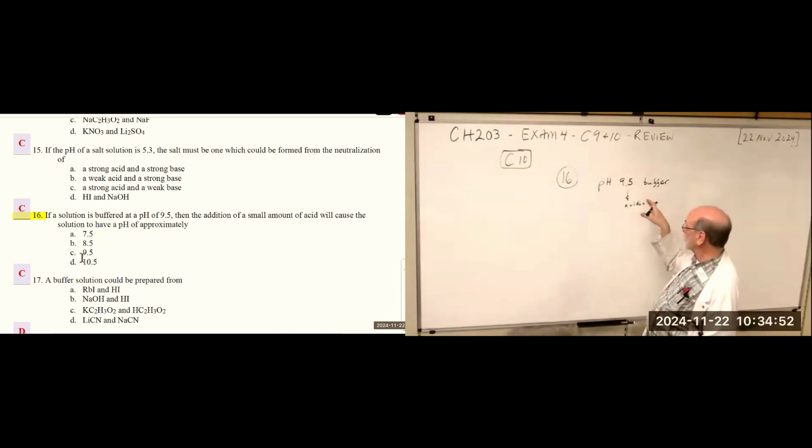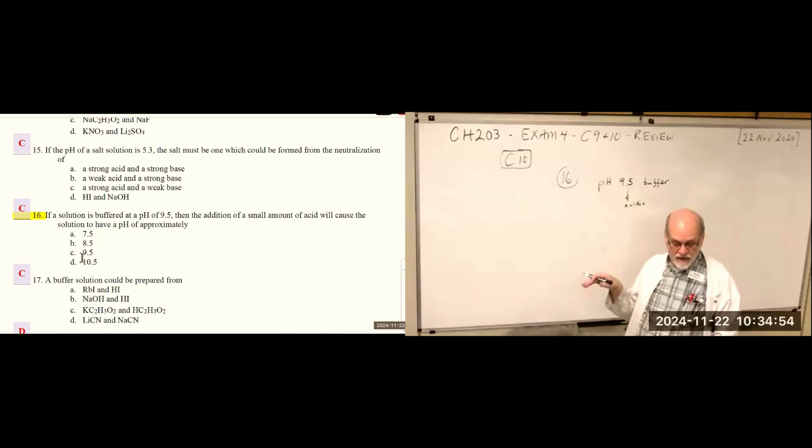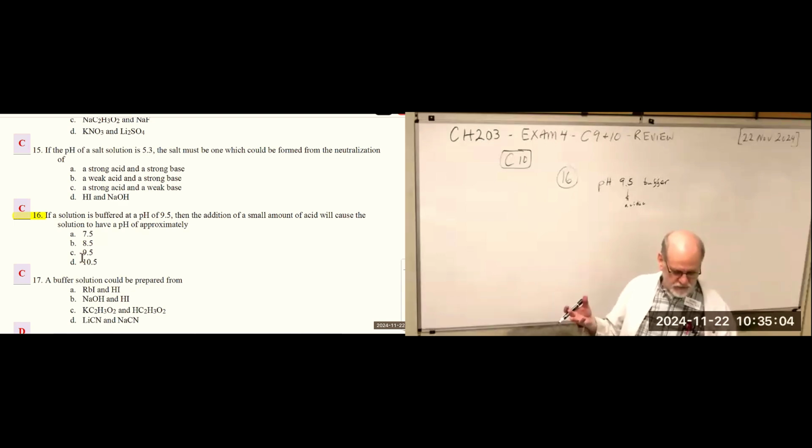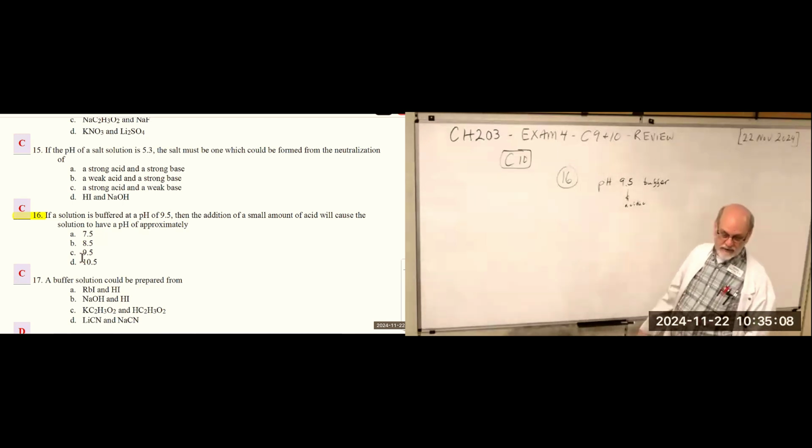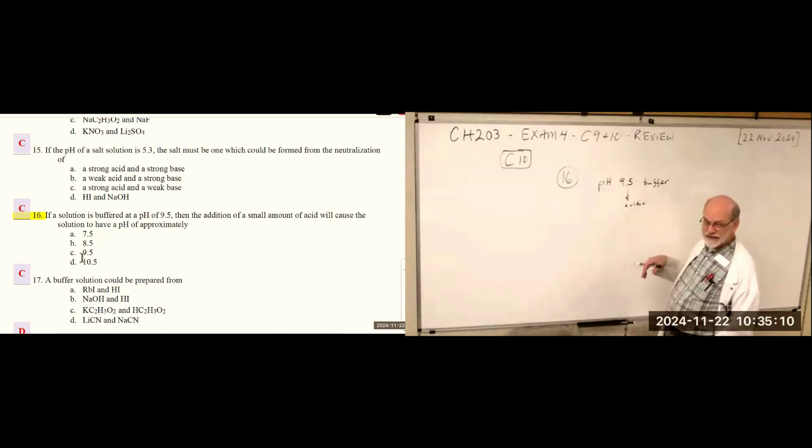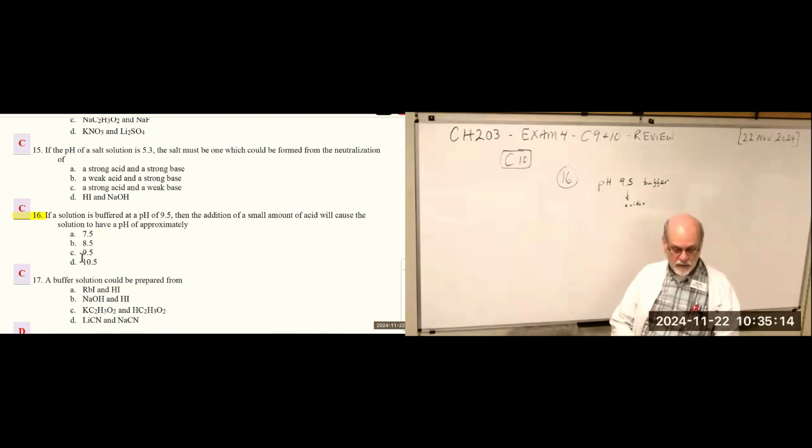So a number that's close to 9.5 but less would be the one we're looking for. 7.5 is too far, 8.5 is too far, 10.5 is the wrong direction, 9.5. Solution will have a pH of approximately 9.5. Depends on how much acid you add. It'll be a little bit less than that, but that's the closest, the best answer is 9.5.